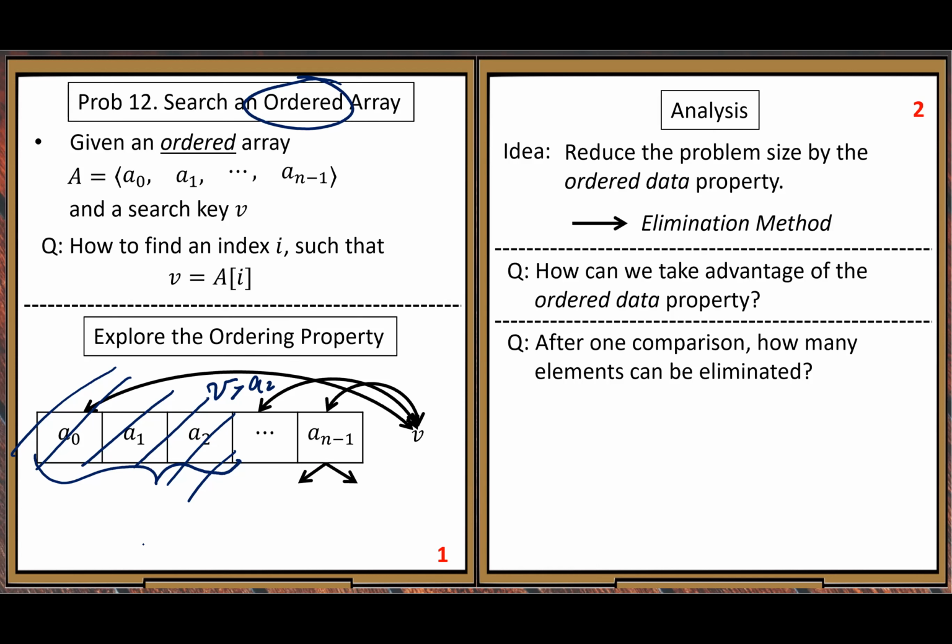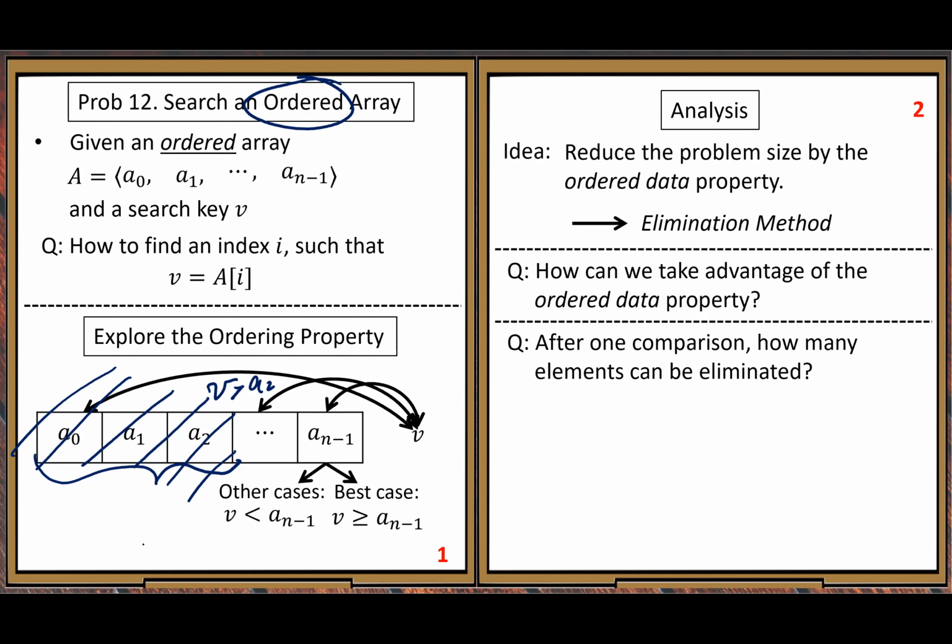But think about if you compare with this one. You have two possibilities. One, the best case: V is greater than this, then you eliminate all the array elements. But in the other case, it's not good for you. You only eliminate one element.